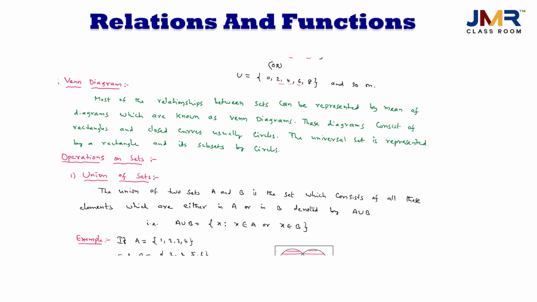Next point, Venn diagram. Very important. What is meant by Venn diagram? Most of the relationships between sets can be represented by means of diagrams, which are known as Venn diagrams.